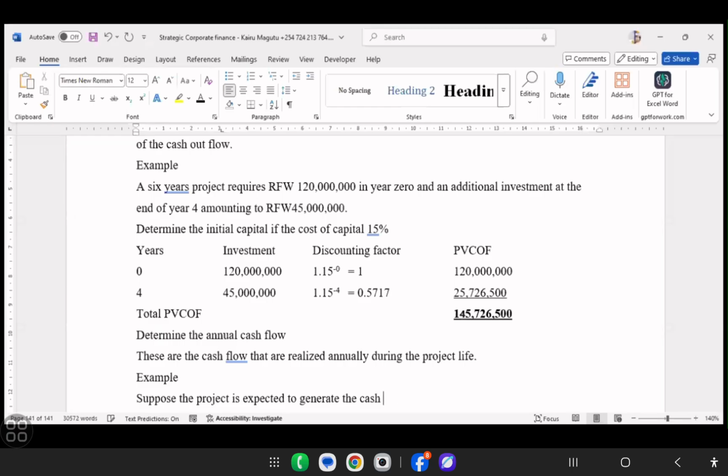Is expected to generate revenue as follows.